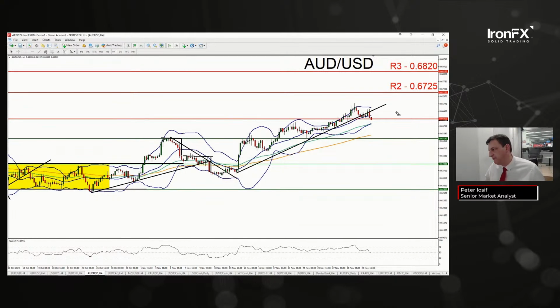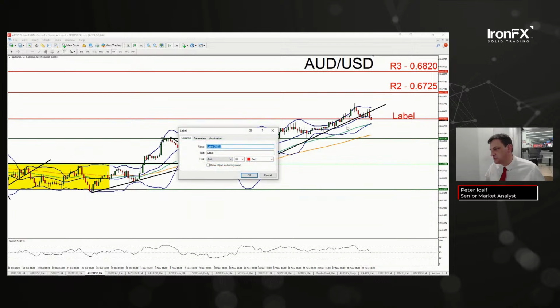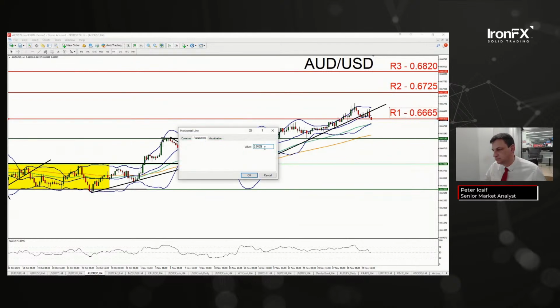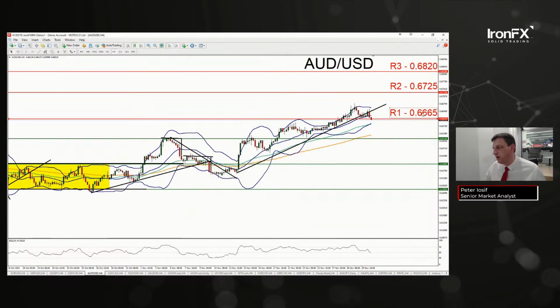And then we have the first resistance line. It used to be a support line, now has been breached to the downside. So we switch it back into a resistance line. And that would be the R1 0.6665. Let's verify this figure. Sorry, that should be 0.6605.